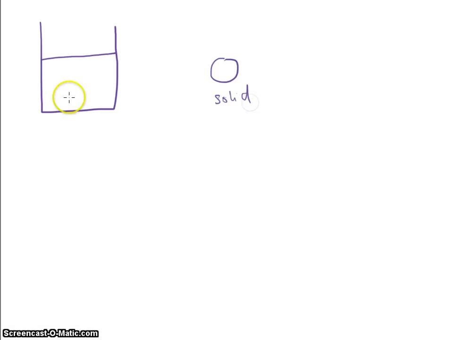With this, let's see how you can find the specific heat capacity of, let's say, a solid. Let's assume that you have a calorimeter, and I filled it with water. The mass of the calorimeter is mc, the specific heat capacity is cc, the liquid inside is water, so it's mw, and cw is the specific heat capacity of water.